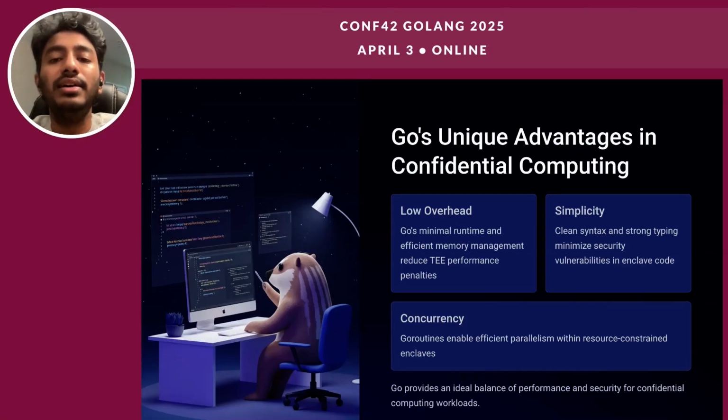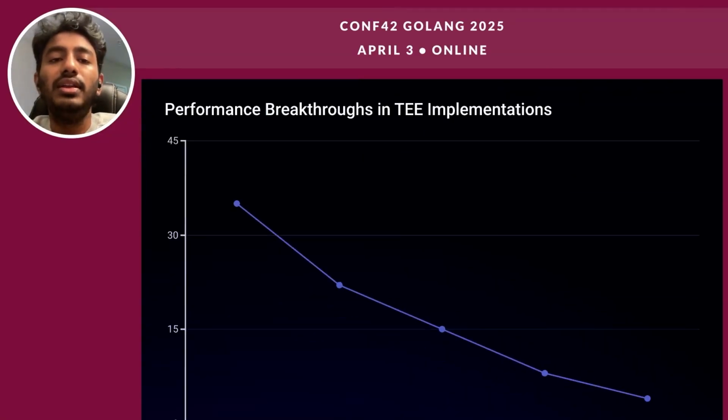And Go's concurrency model with goroutines lets us write parallel workloads that are still lightweight enough to run securely. So the balance Go strikes between developer simplicity and system-level efficiency makes it a great fit for the domain.